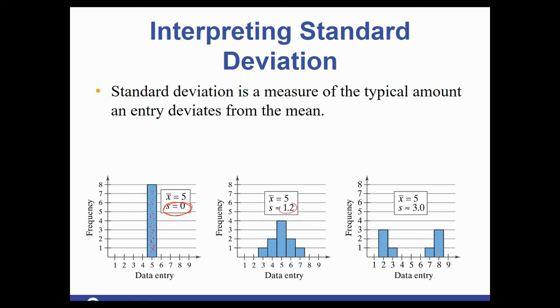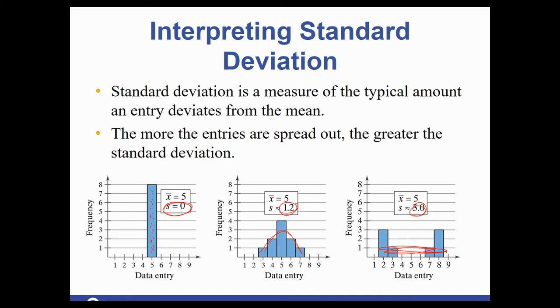So as your standard deviation gets a little bigger, there's a little bit more spread. As it gets bigger again, there's more spread again. So from 2 to 8 versus 3 to 7. The more the entries are spread out, the greater your standard deviation. Those two are connected to each other.